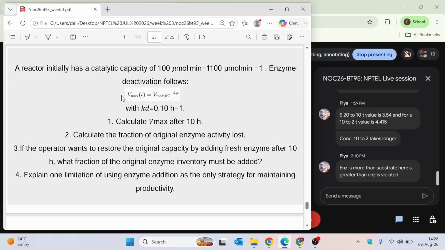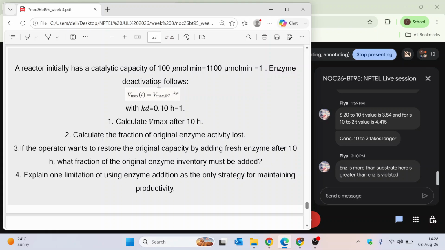A reactor initially has a catalytic capacity of 100 micromoles per minute. The enzyme deactivation is given here. Calculate the Vmax after 10 hours. So Vmax T is equal to Vmax initial into e power minus kd t.